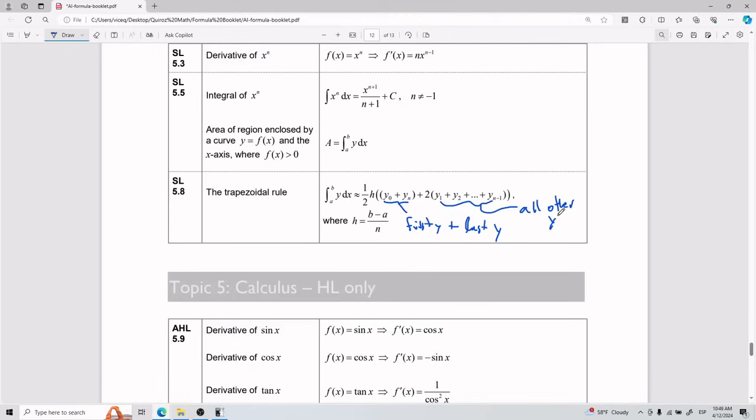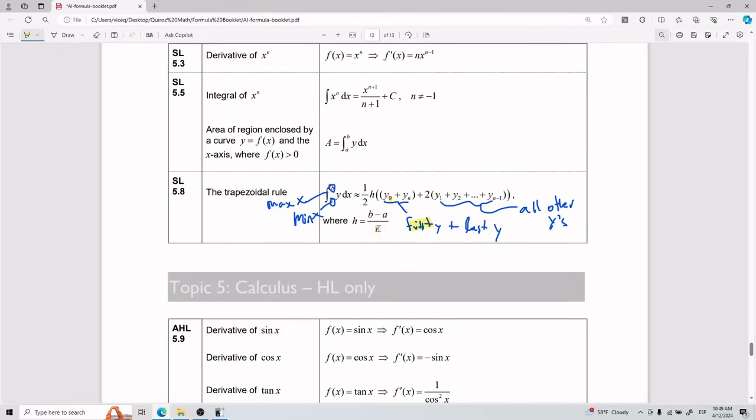Be very careful with the fact that y0 is your first y. A lot of people are confused with that. They think y1 is their first y. In this context, y0 is your first y. Oh, and this a and this b are your min and max x values. So yeah, there it is.